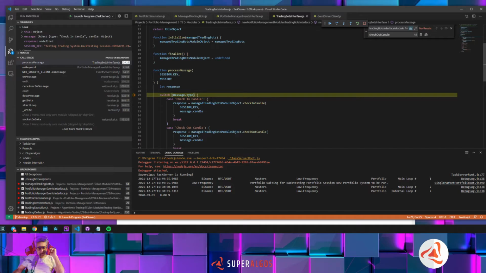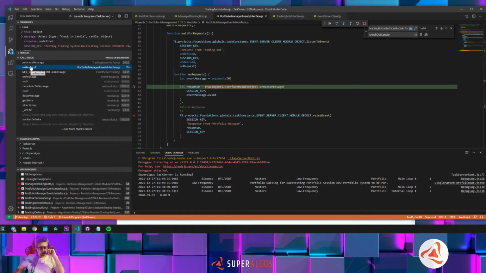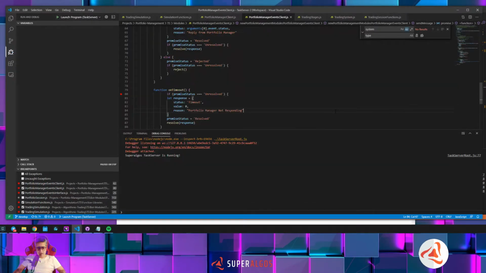How did the message came here? How did the message came here if I haven't run the trading bot yet?